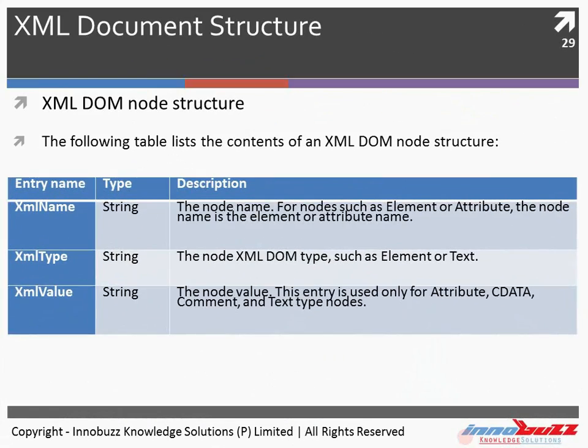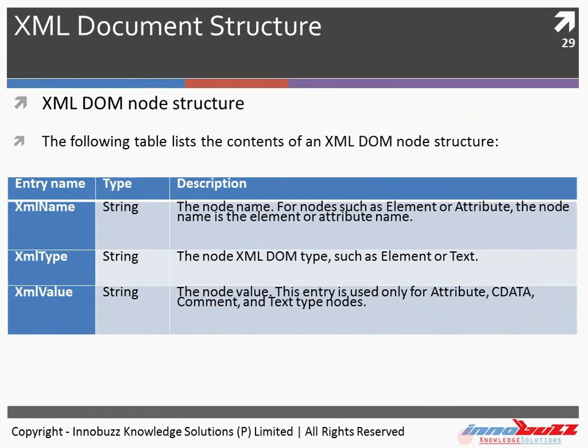And finally, there is an XML DOM node structure. This table represents the node structure where you have XML name, XML type, and XML value. Name, as said, is the node name. For each node, such as an element or attribute, the node name is the element or attribute name.